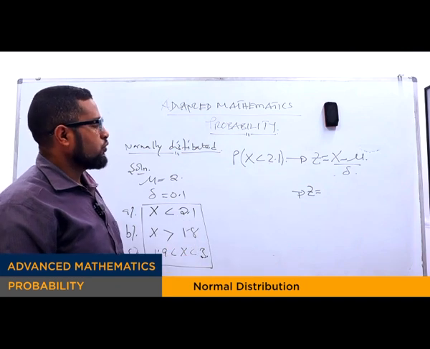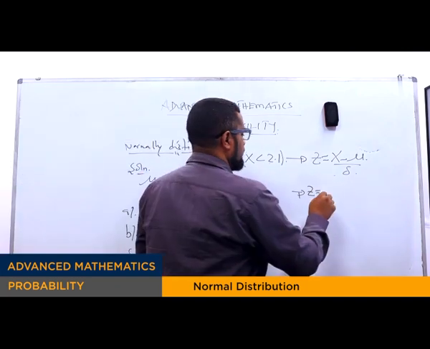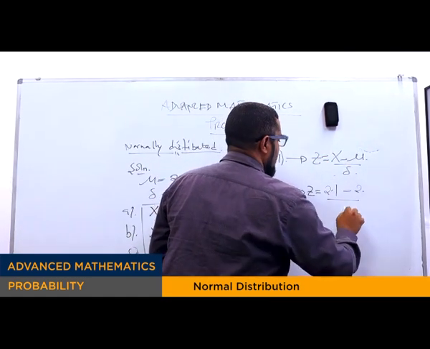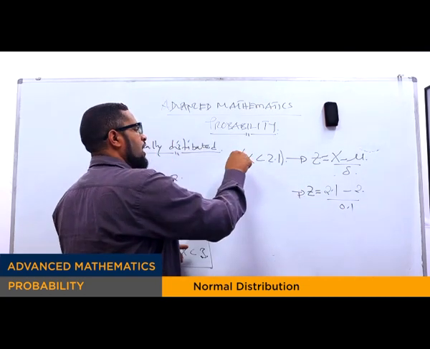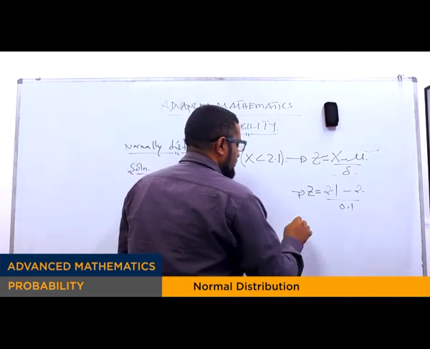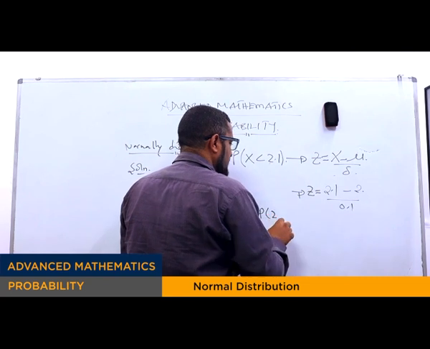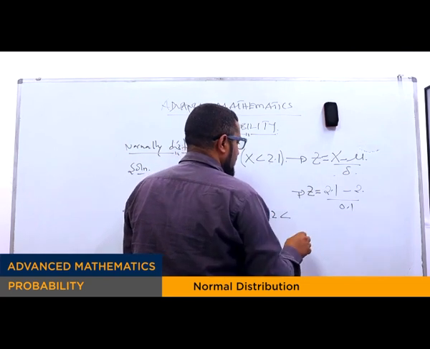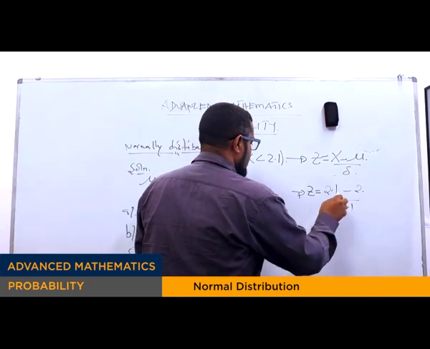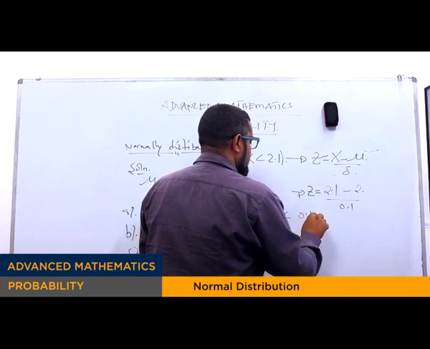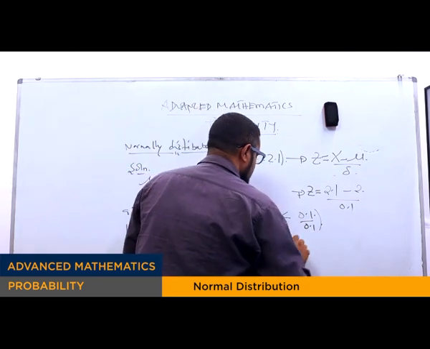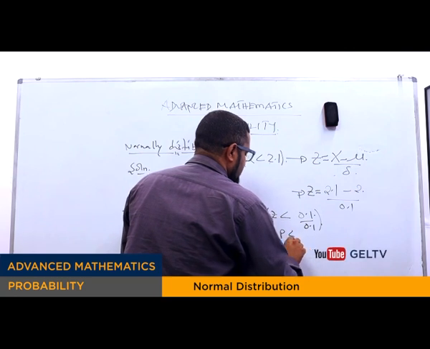Our x is 2.1. So it is 2.1 minus our mean, 2, divided by 0.1. But remember, you are given x less than, so z will also be less than that value. Now take your calculator and simplify. Here we have 0.1 divided by 0.1, which gives the probability of z less than 1.